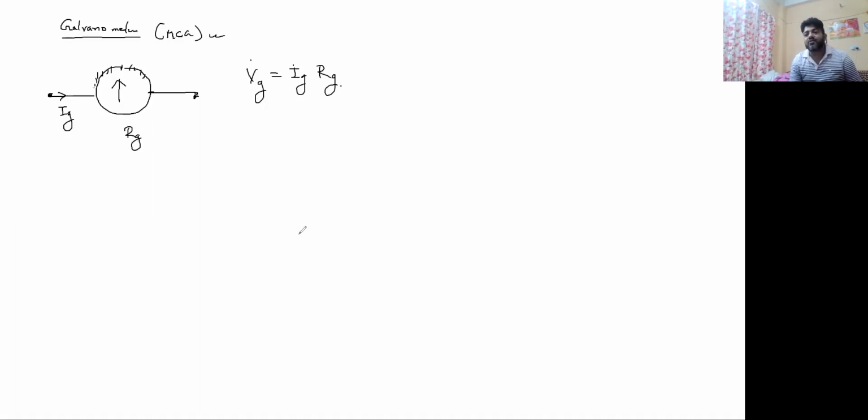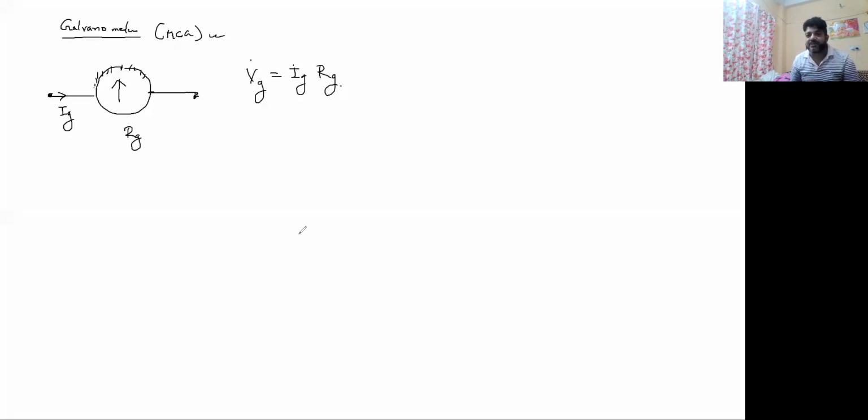Because we don't get the accurate value. Suppose for an instrument you are expecting the voltage to be 20 volt. If you use a galvanometer instead of a voltmeter, when you measure it you find the voltage is, instead of 20, maybe 10, maybe 5 volt. Your expectation is 20, you are measuring 5 volt.